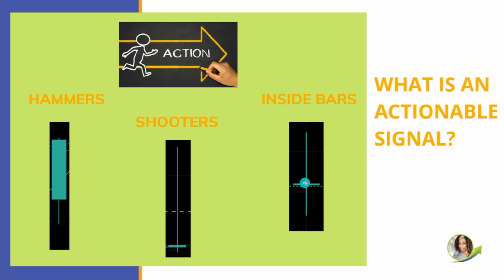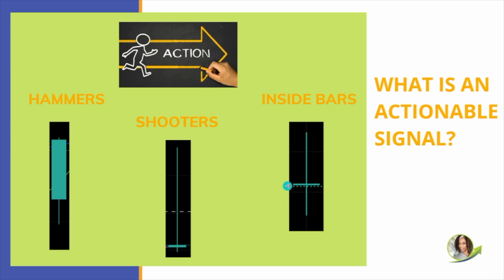Next, we have my third favorite. Because there's only 3, all of them are my favorites. But the third is the inside bar. And an inside bar we will talk about shortly, but basically the inside bar is indecision.